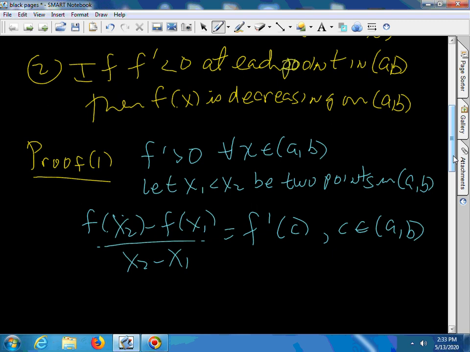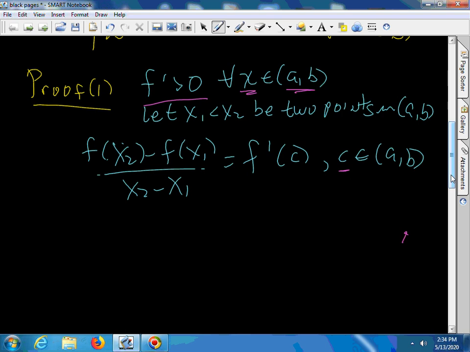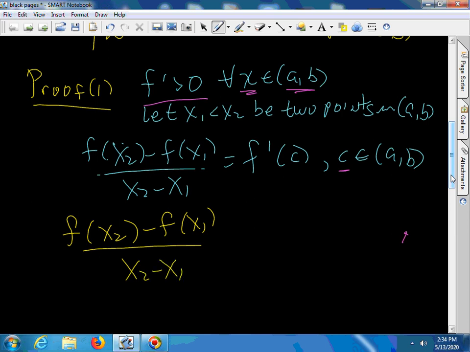Now, we know that f prime is positive for all x in AB, including c. So we know that f of x2 minus f of x1 over x2 minus x1 is positive. Why? Because it equals f prime of c, which is positive.